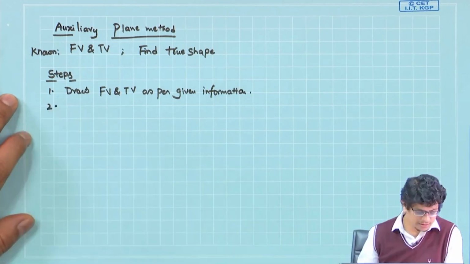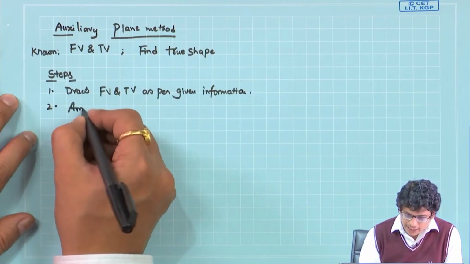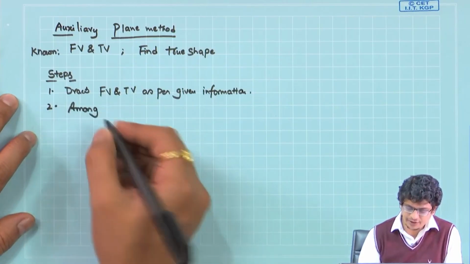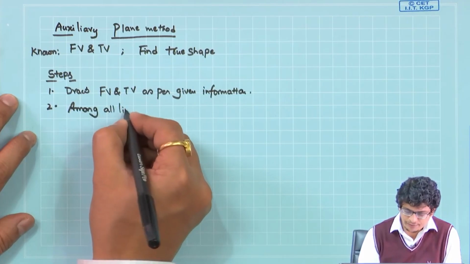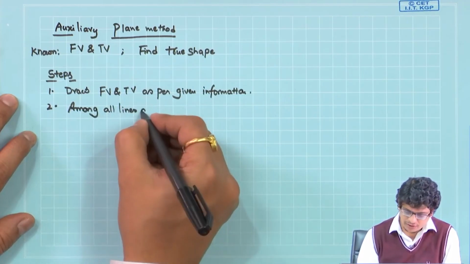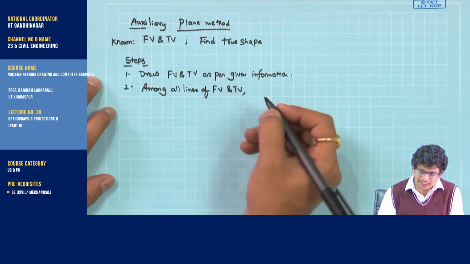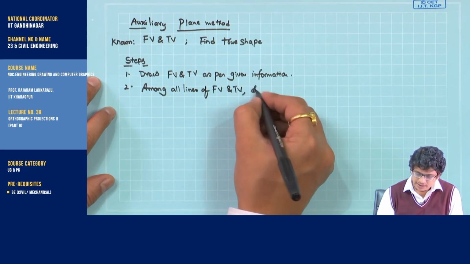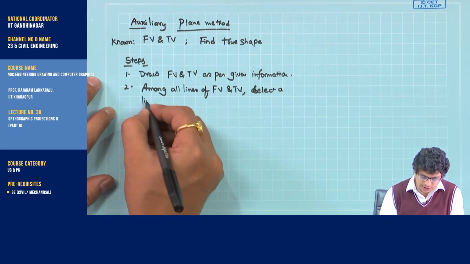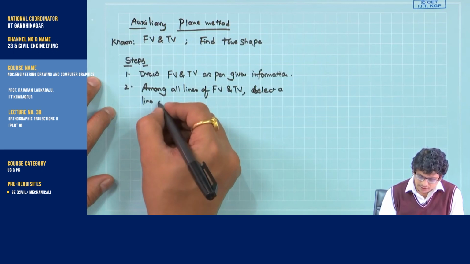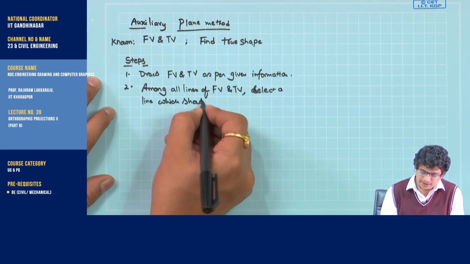Then, among all the lines that we can see in the front view and the top view, we have to select a line which shows true length.